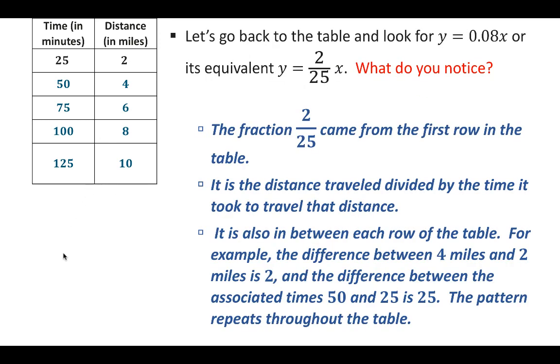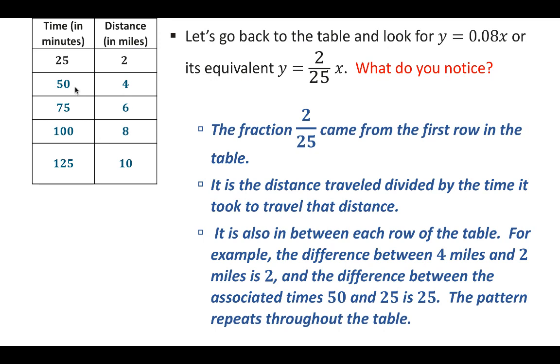So these are the things we notice: the fraction 2 upon 25, which is distance upon time, came from the first row. This is the distance traveled divided by the time it took to travel the distance. That's 2 divided by 25. For example, 4 miles upon 50 will also give you 2 upon 25.